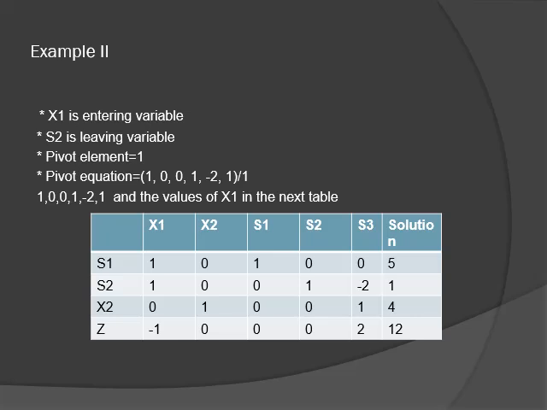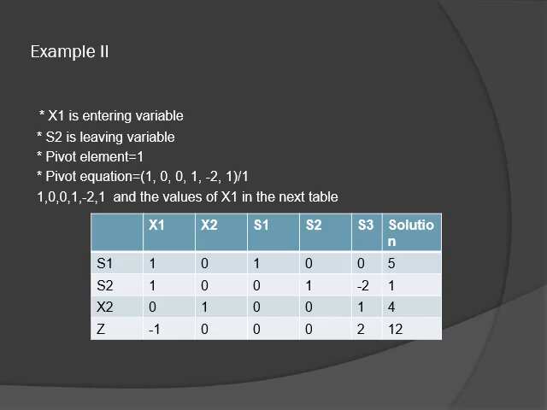The pivot equation is 1 0 0 1 negative 2 1, and this will be the values of x1 in the next table. How do we determine x1 as the entering variable? Because it faces the negative value in the row of z, which is negative 1. Only one negative value.